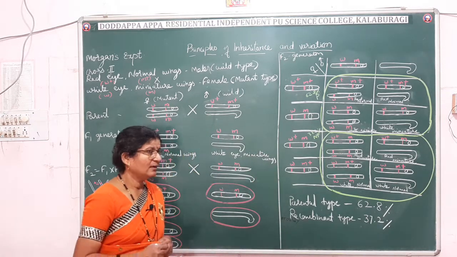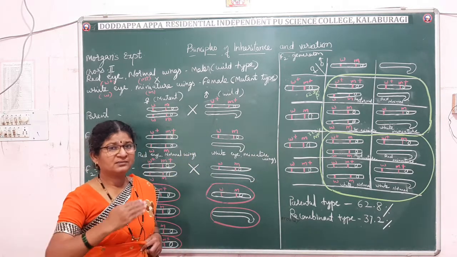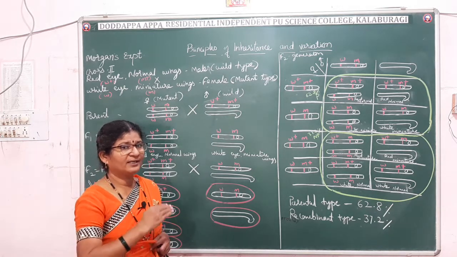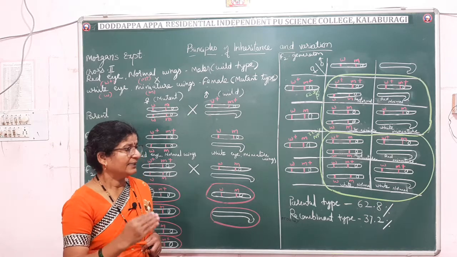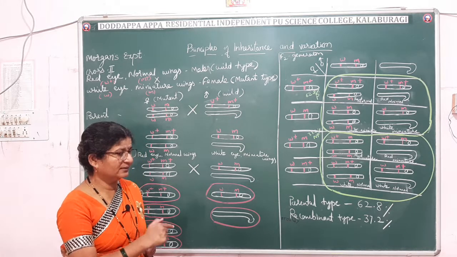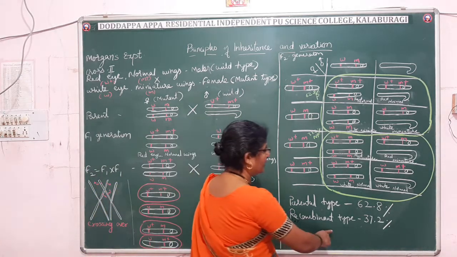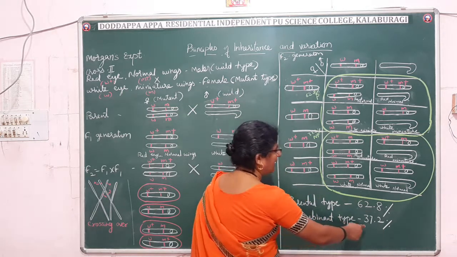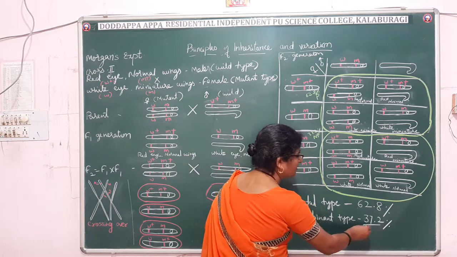So compared to cross 1, the previous experiment where he took body color and eye color, where the percentage was less, here the recombinant varieties were more: there he got 1.3 and here he got 37.2.